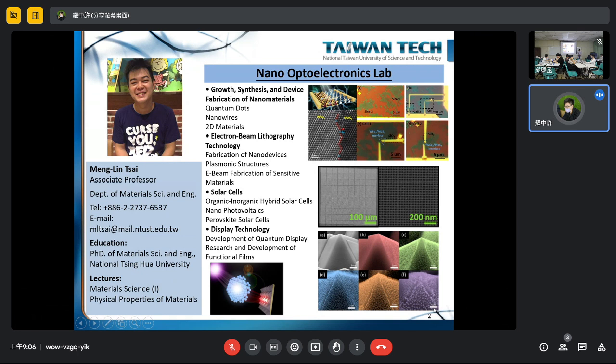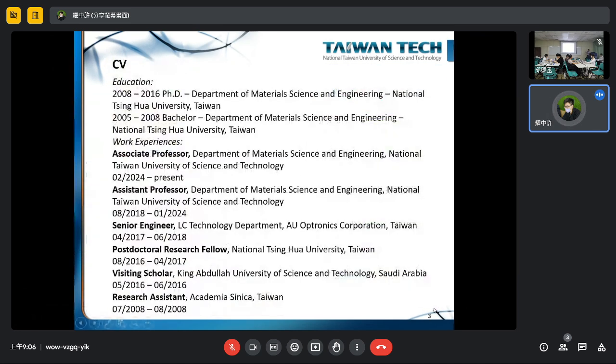But our group focuses on the growth of semiconductor 2D materials, to develop 2D electronic devices such as field effect transistors, and to explore the underlying mechanisms of these devices. I have also done some e-beam lithography and solar cell research in the past. So this is a brief introduction of me, and then this is my CV.